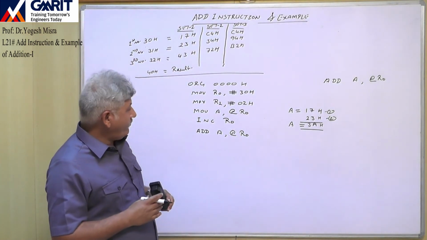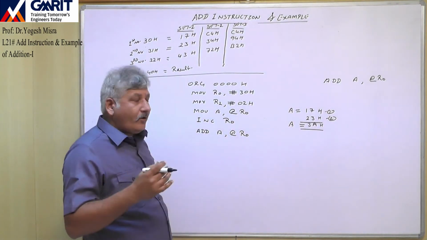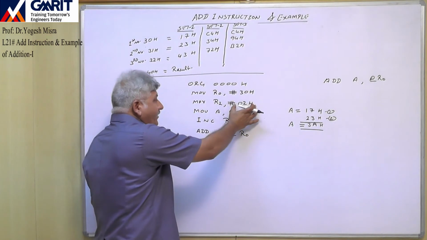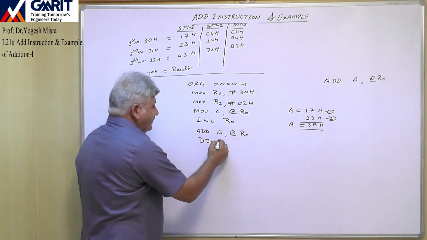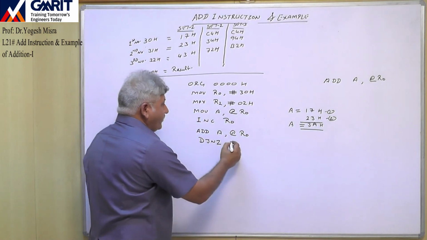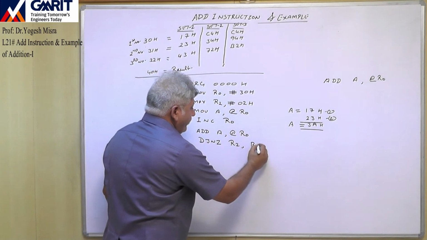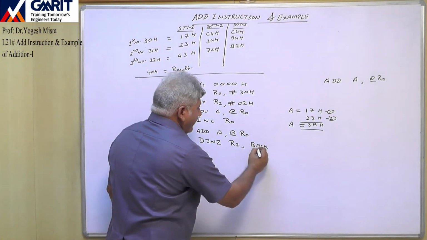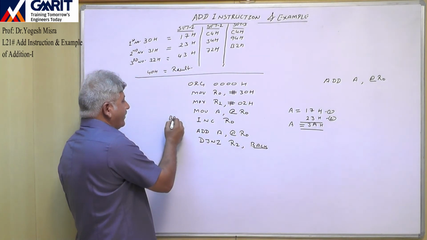Now what we will do? Now we will check whether we have completed all the additions or not. For that we will decrement this counter with DJNZ, decrement, jump if not zero, R2 and back. Go to the label back, and label back is here.